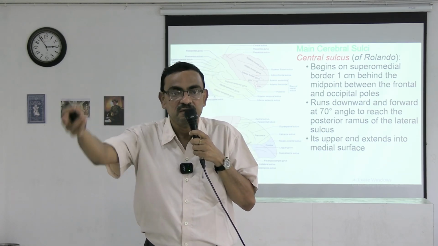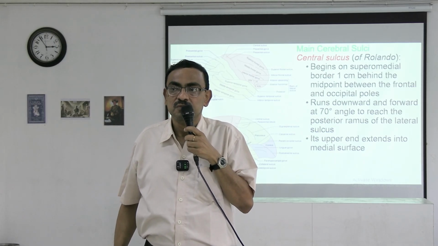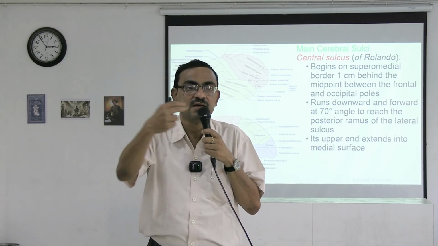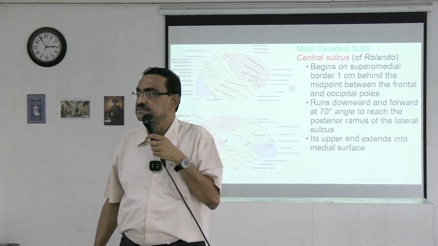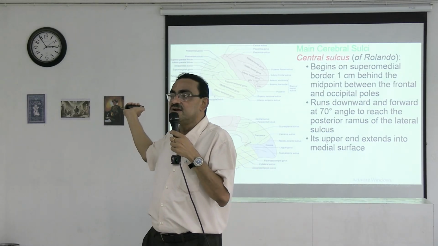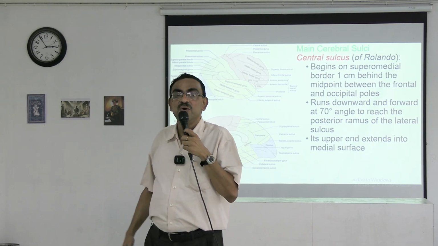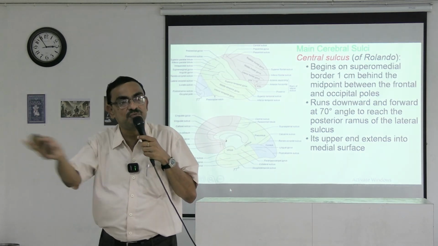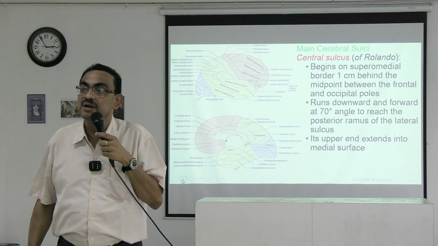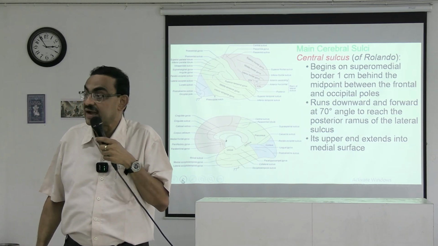We can behave properly with our colleagues and our friends. So any affection of that area will lead to affection of all these modalities. That means development of antisocial activity.